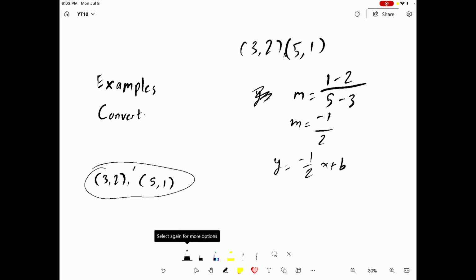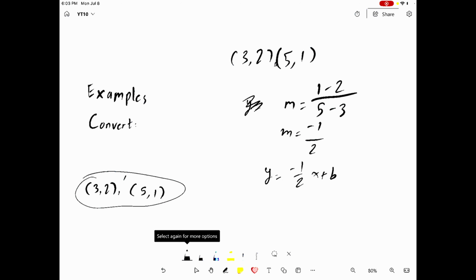And of course, what we have to do now is find out b. Let's substitute 3 comma 2, because I think we can just do that. We could probably just get away with it, and we could figure out what b is. So if we have 3 comma 2, we have 2 is equal to -1/2 times 3 plus b.